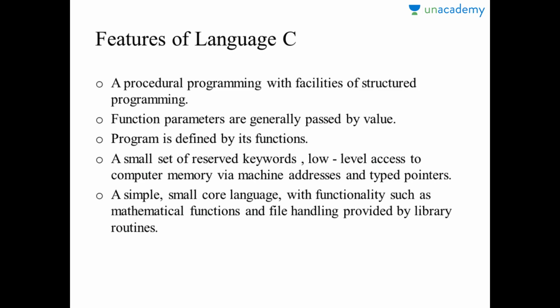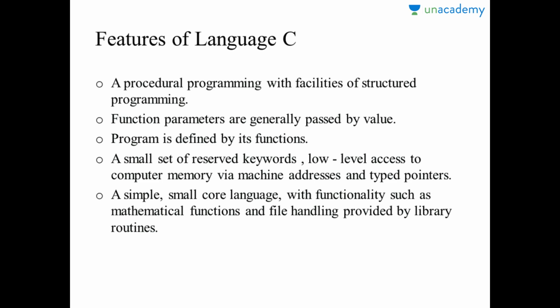As we know, C is a procedural programming language with facilities of structured programming, that means the code we write is going to be implemented step by step in the same order as we are writing. Its function parameters are generally passed by value, and if we need to pass them by reference, we need to explicitly pass pointer values.